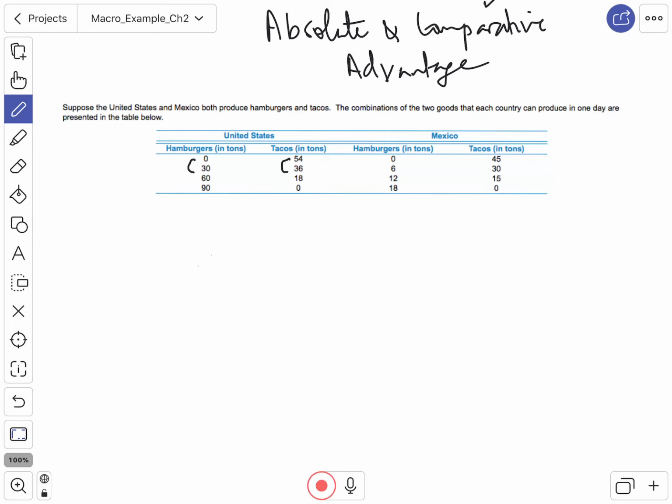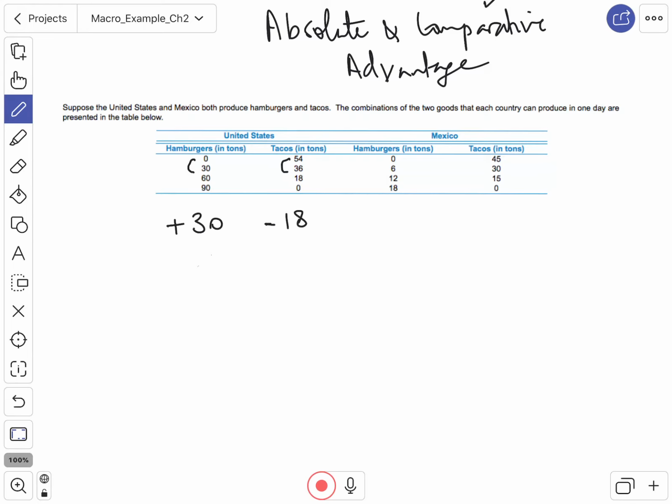So we can write it this way, in more detail. If the USA produces an additional 30 units, which is the difference between the 0 and the 30, this implies a reduction by 18 units.